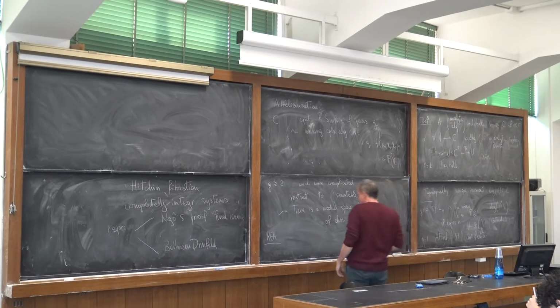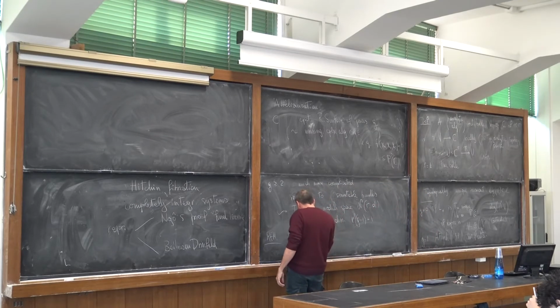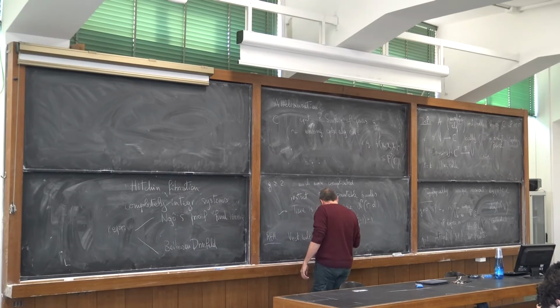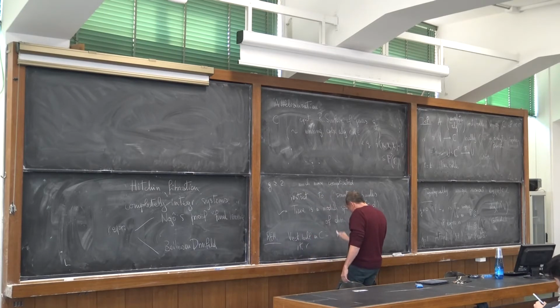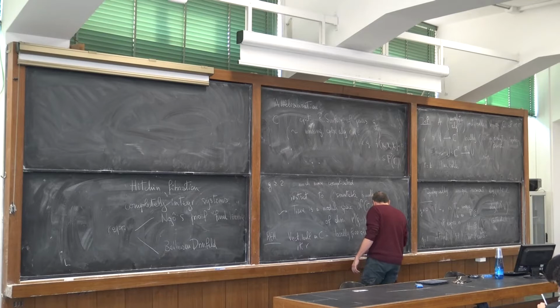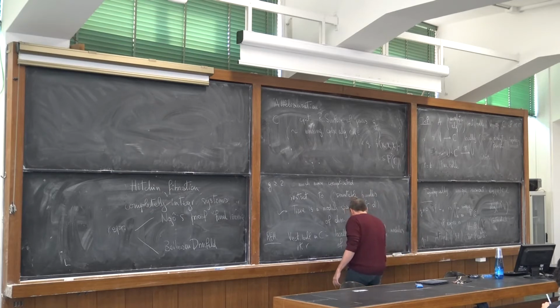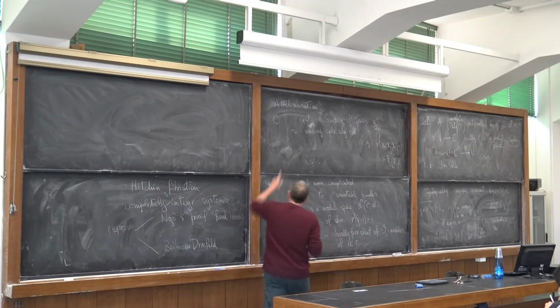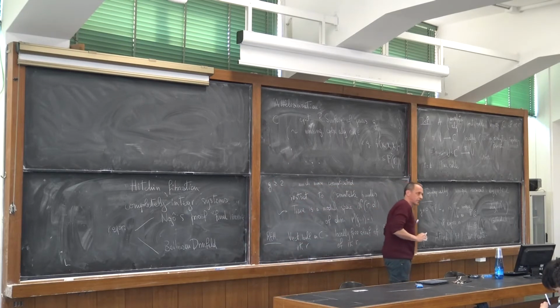Okay, so the remark is that a vector bundle on C of rank R is the same as a locally free sheaf of O_C modules of rank R. So why abelianization?